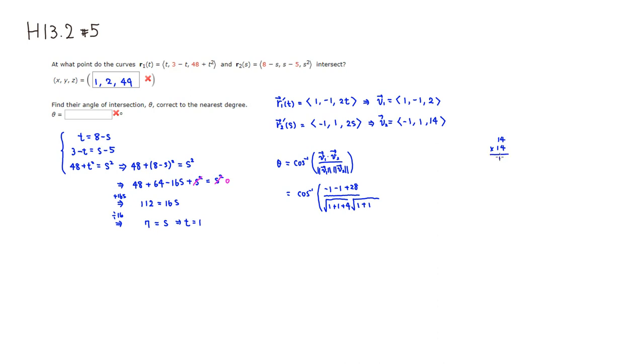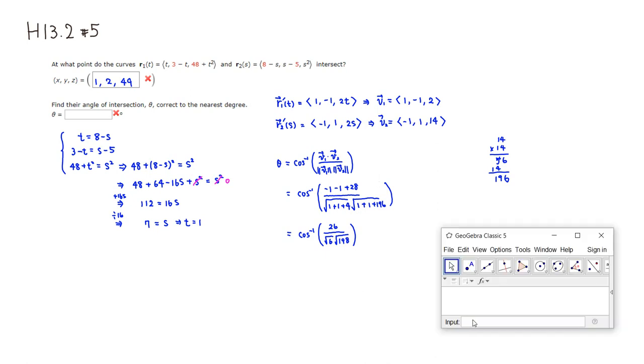It's 196, so it's plus 196. I'm going to simplify just a little bit. Subtracting 2, you have 26 over the square root of 6 times the square root of 198.